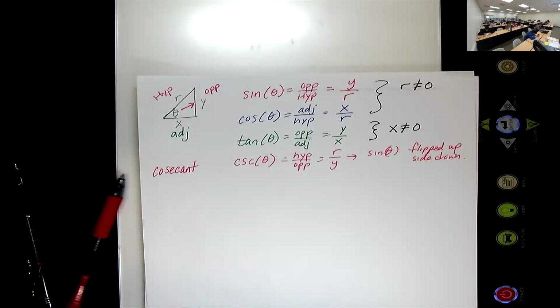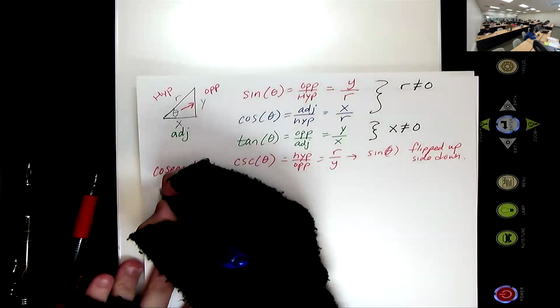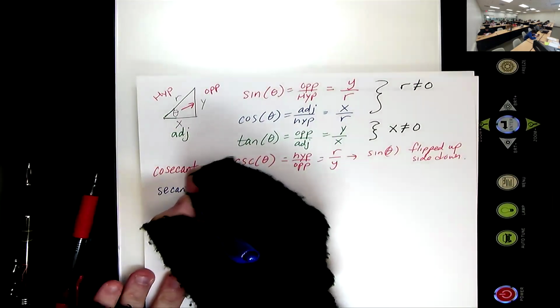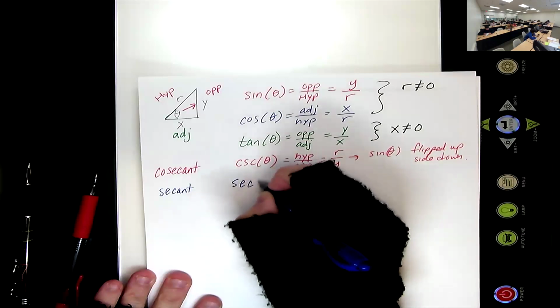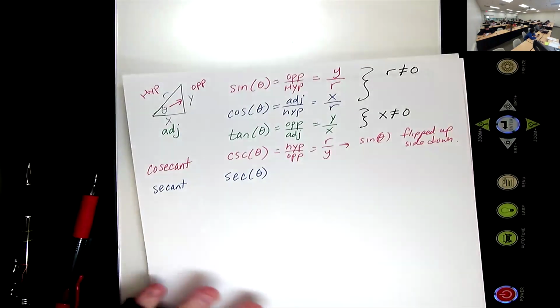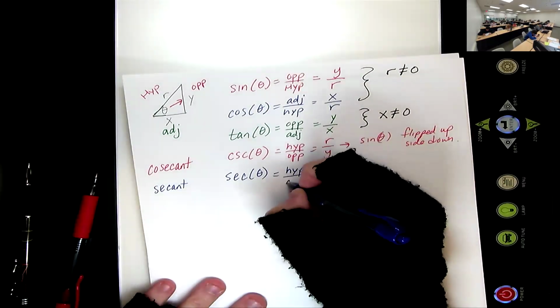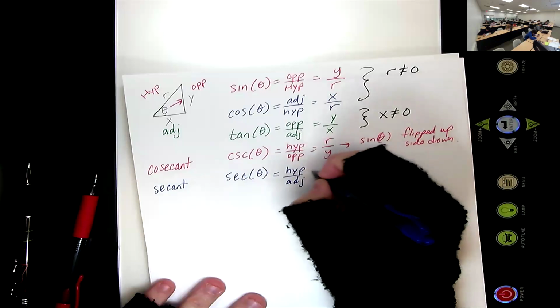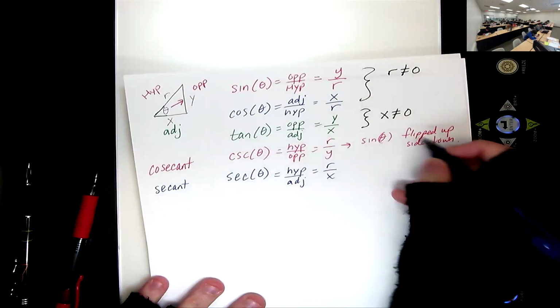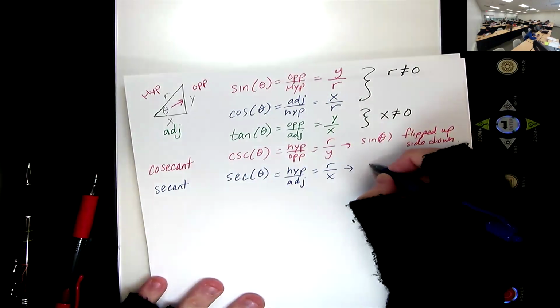The next one we have is secant. It's abbreviated SEC, and it is hypotenuse over adjacent. So r over x. And this is cosine flipped.